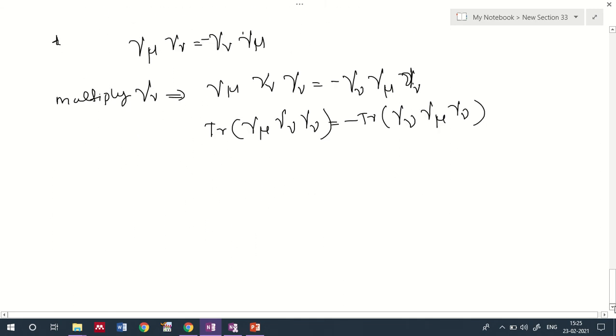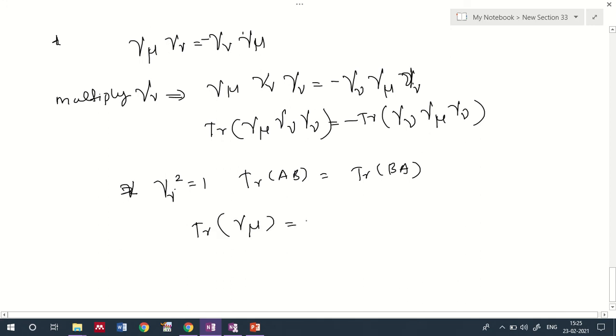We also have to understand one thing: gamma nu square will be equal to 1. That is, the trace of AB should be equal to the trace of BA. Keeping that in mind, there are two quantities here.